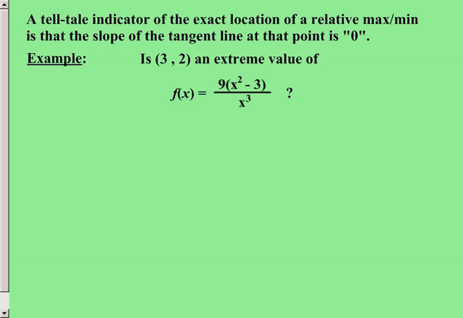Okay, so let's take an example. Is the point (3, 2) an extreme value of f of x? F of x is defined to be 9 times the quantity x squared minus 3, divided by x cubed.